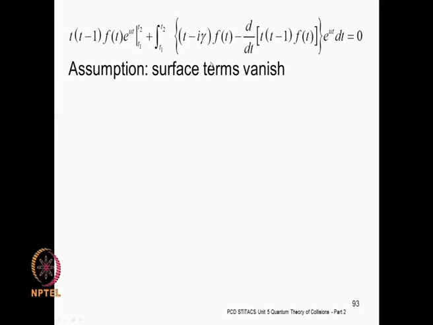Okay. And now suppose we make an assumption that the surface terms vanish, that if e to the ut vanishes at the extreme limits, because you have to take the difference at the upper limit t2 and subtract from it the value at the lower limit t1. So, these are the endpoints, okay, and the endpoints is what I refer to as the points on the surface, okay.